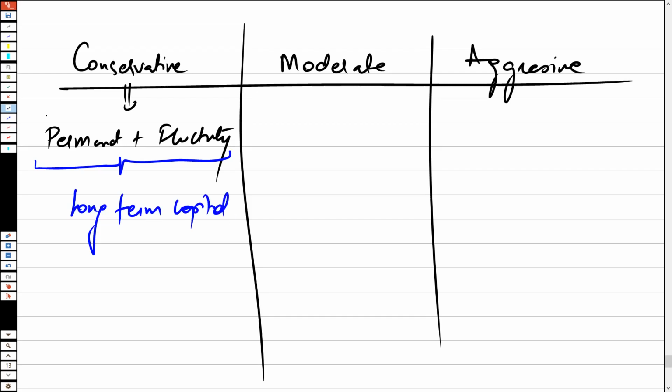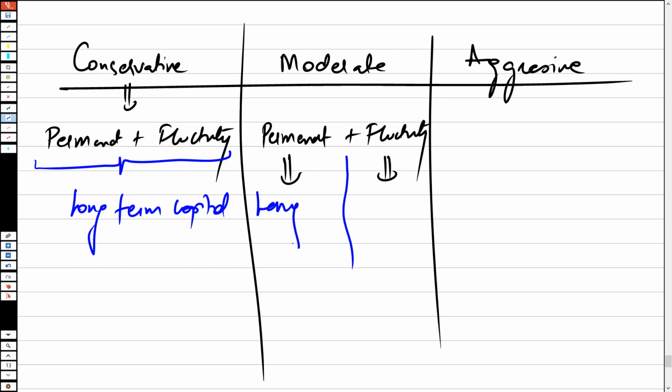When we talk about the moderate policy, the permanent current assets are funded by long term, the fluctuating are financed by short term.